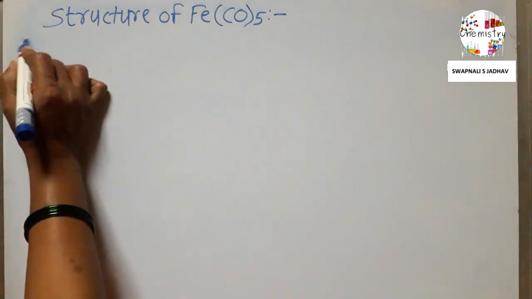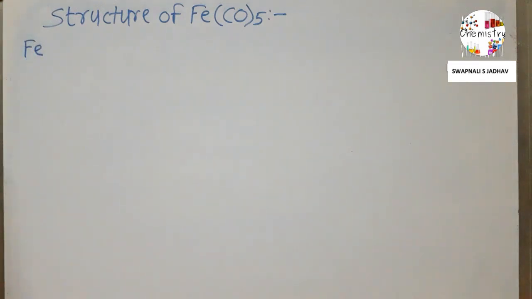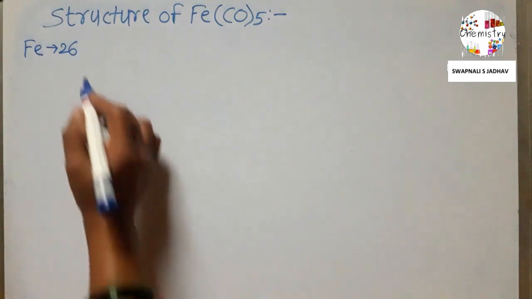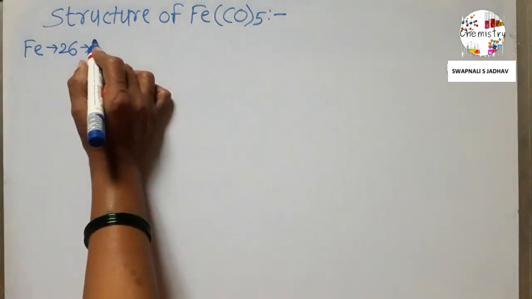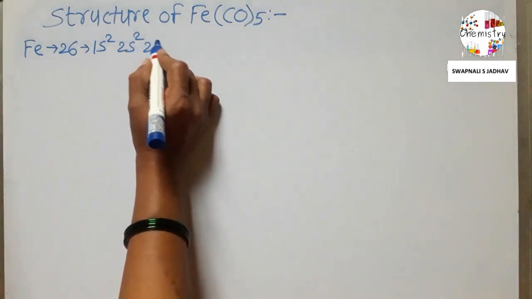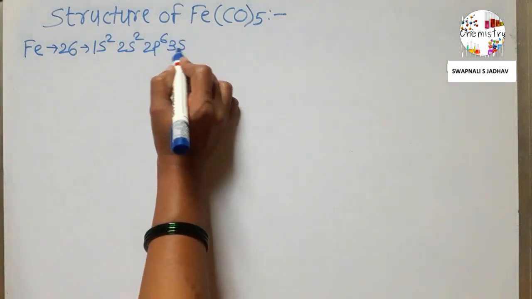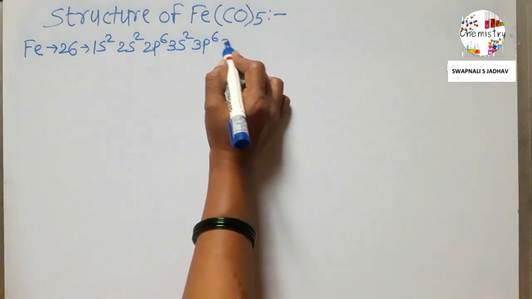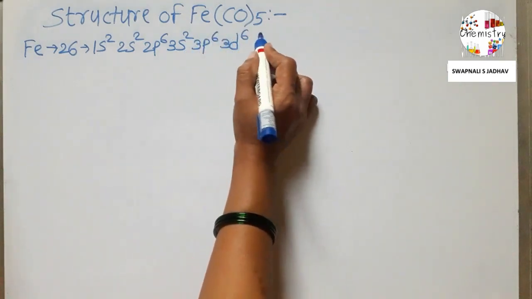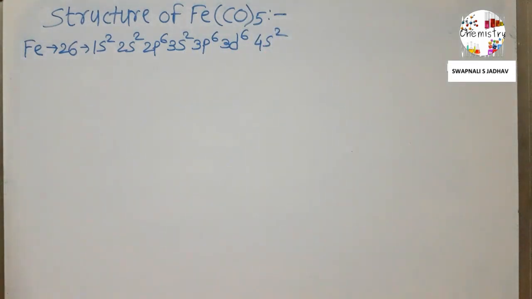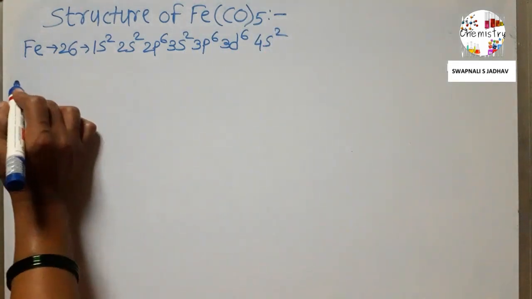That is Fe, meaning iron, having atomic number 26, with electronic configuration 1s2 2s2 2p6 3s2 3p6 3d6 and 4s2. So we can write that electronic configuration in the ground state.